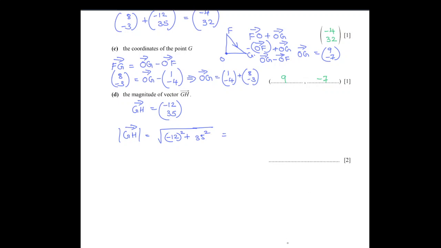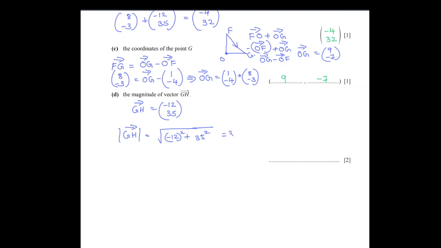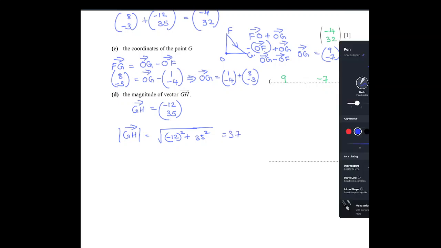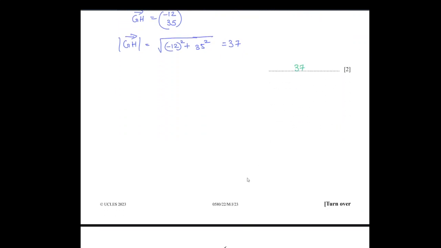Find that in the calculator. So magnitude of GH is 37. Question number 9 is done.